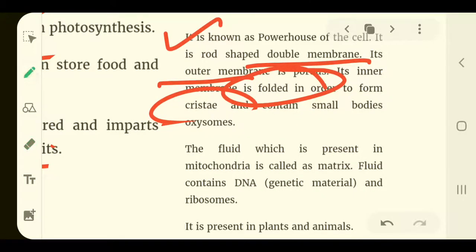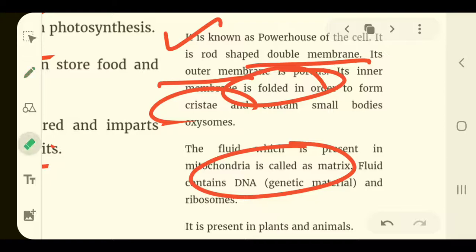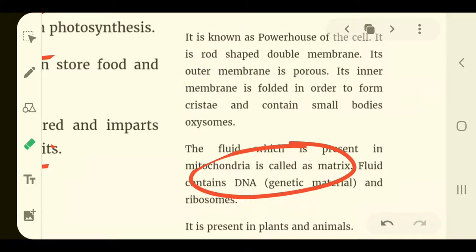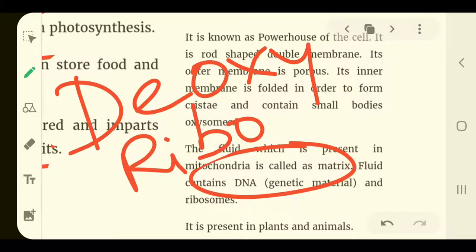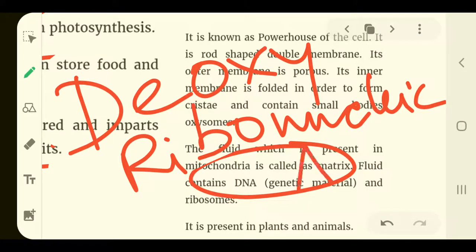And this mitochondria has its own DNA. I hope the name is known to you; write down the full form if you don't know it. DNA stands for deoxyribonucleic acid.